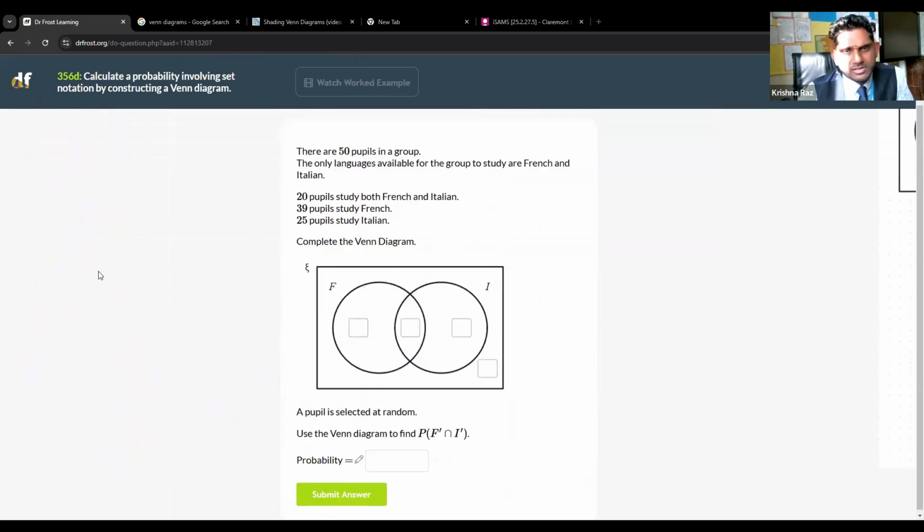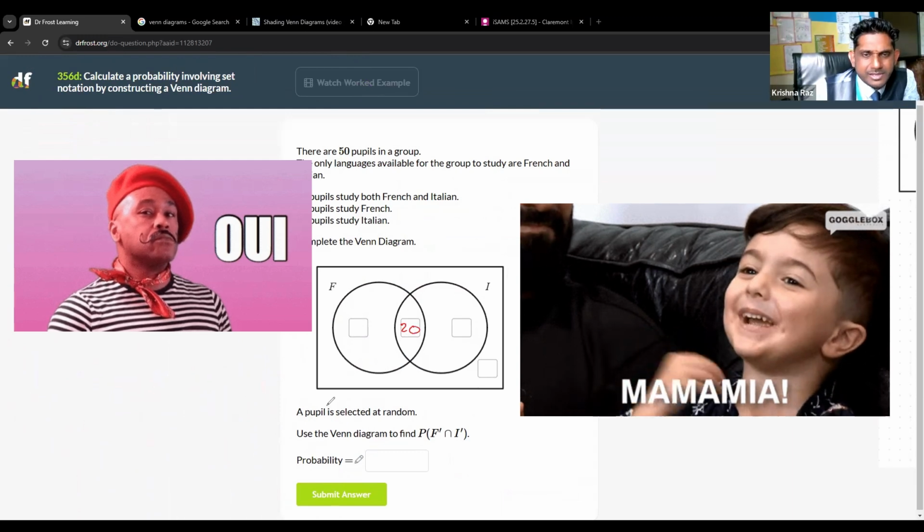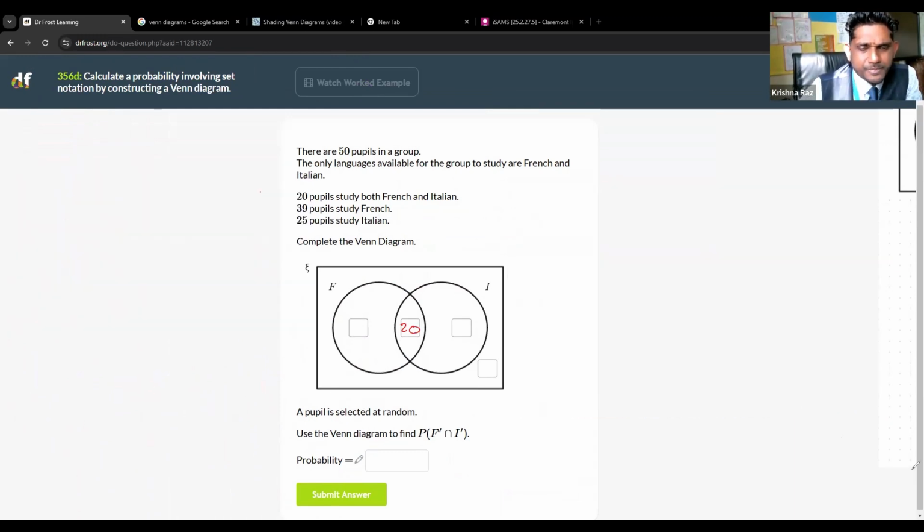Let's do one more for luck. So let's fill it in. 50 people, 20 study both French and Italian. I'm feeling this will be an easier one. That's 20. 39 study French, so this will be 39 minus 20.